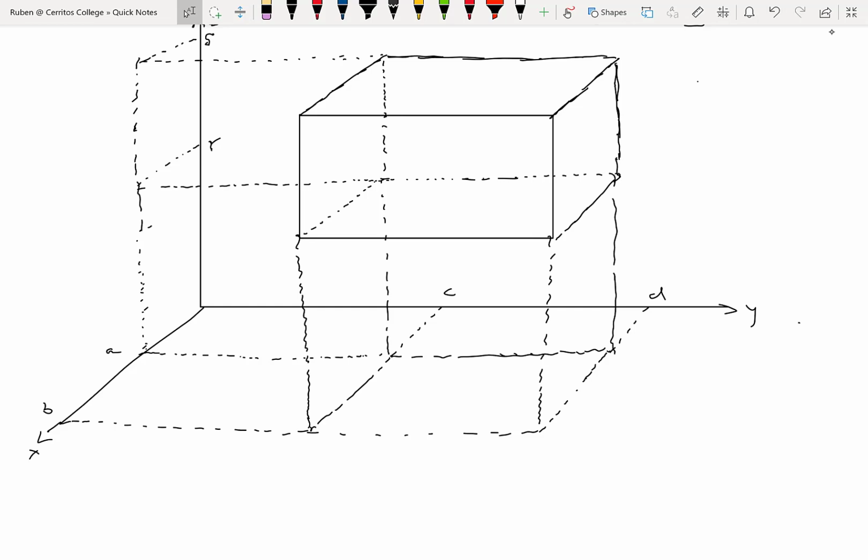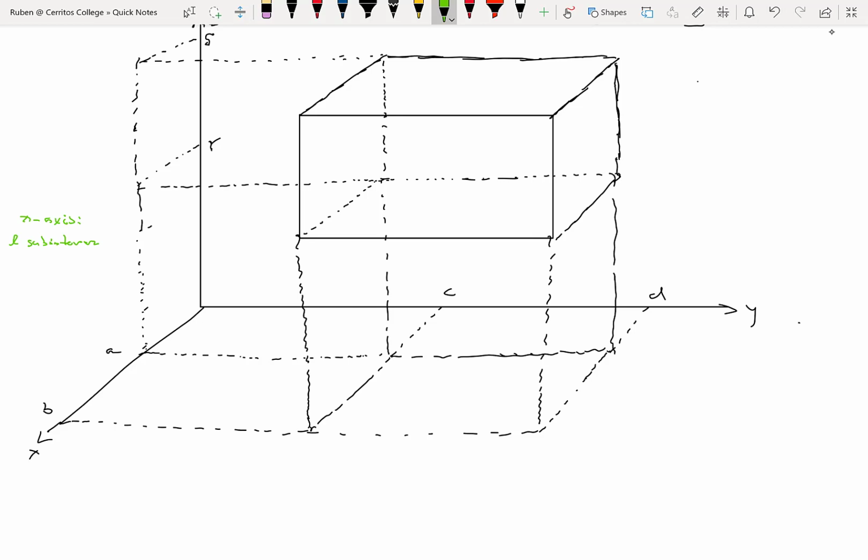So let's say along the x-axis, we divide the interval AB into L subintervals of equal length.